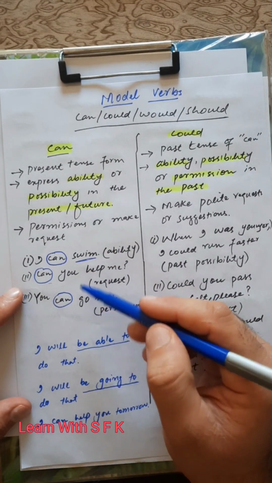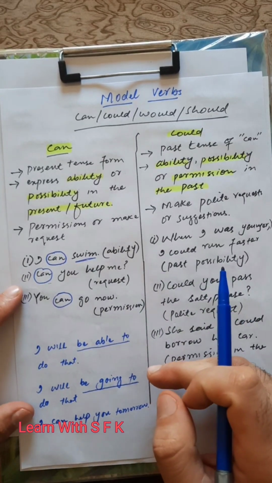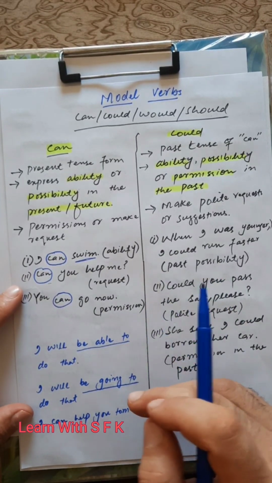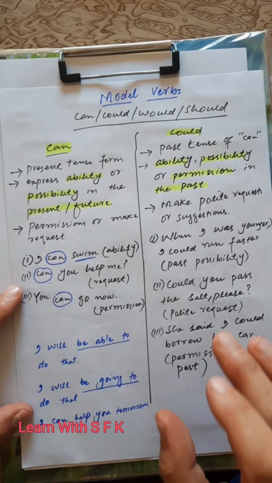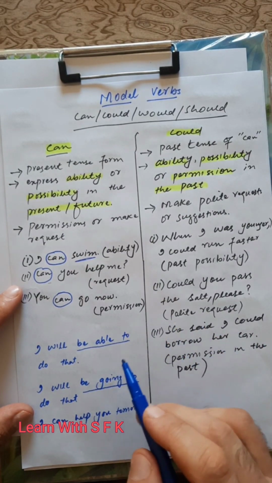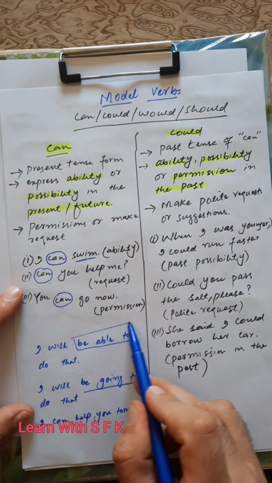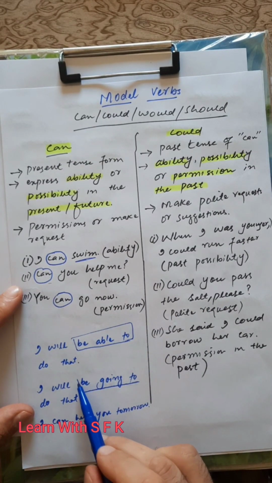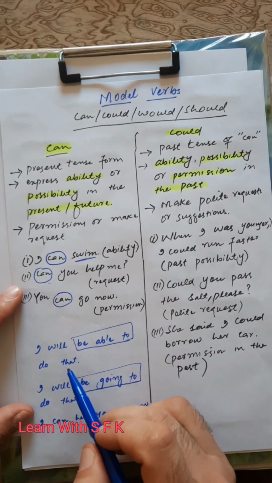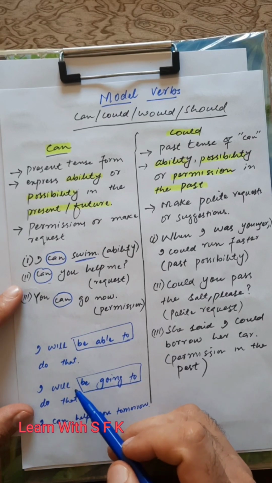So all of these sentences are present tense sentences. Now how can we use can in future sentences? Well, in future sentences we can use the words be able to or be going to. Let's suppose I say, I will be able to do that.